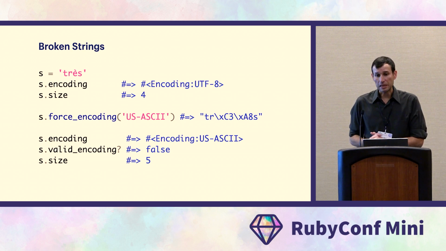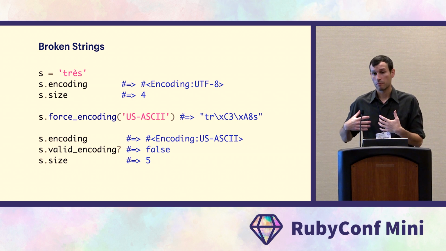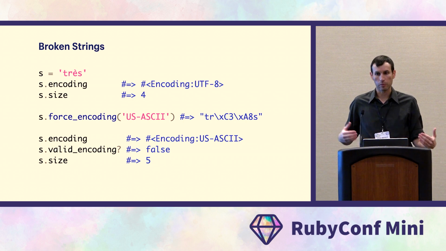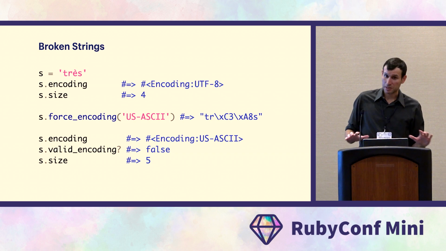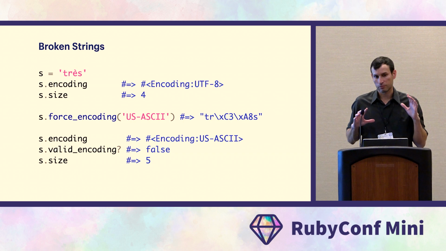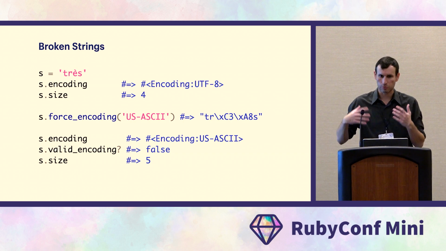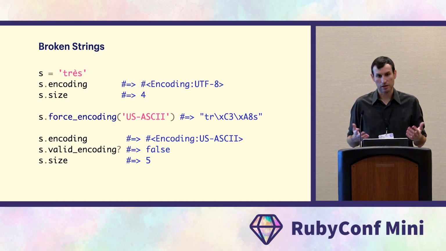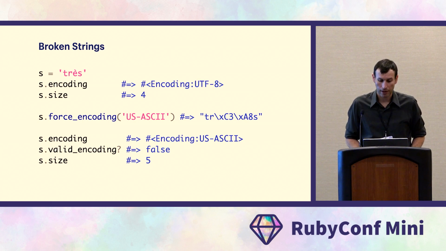But Ruby allows broken strings to float through the system, which means you can make calls on broken strings, and the result you get actually depends on where the broken character appears in the string. This should be treated as an implementation detail and not something to rely upon. Please do not write specs or unit tests that check that you get a particular answer back from a broken string, because it really depends on the operation and where the broken character appears.